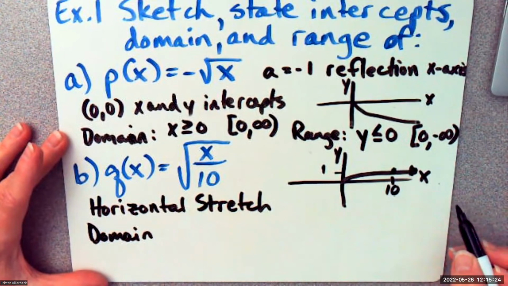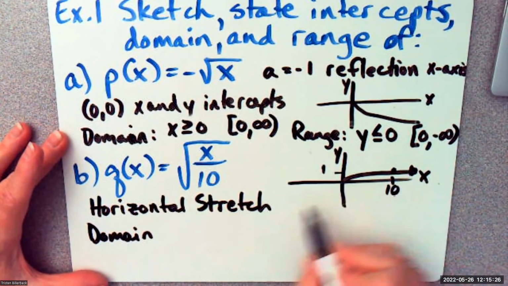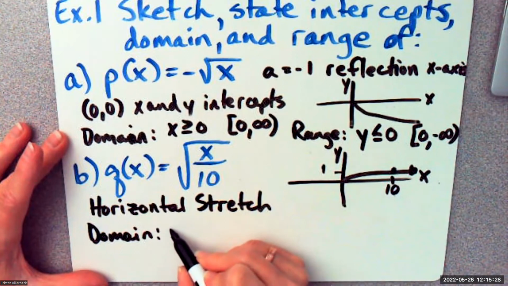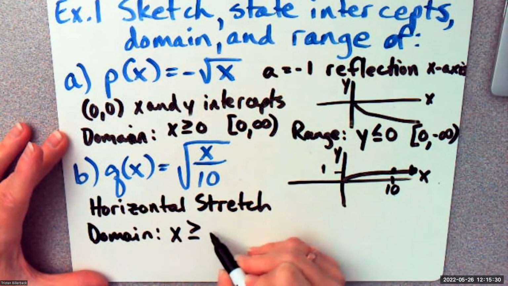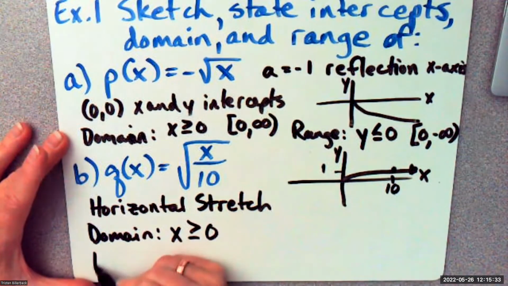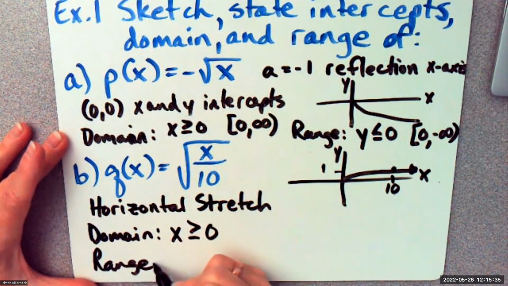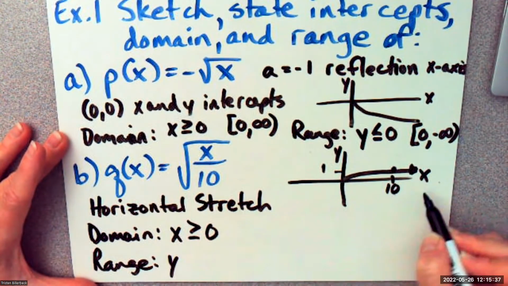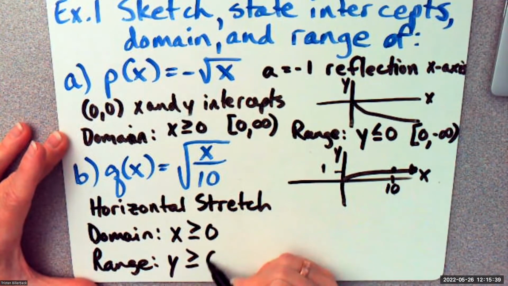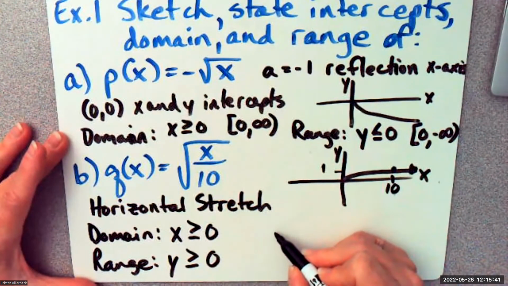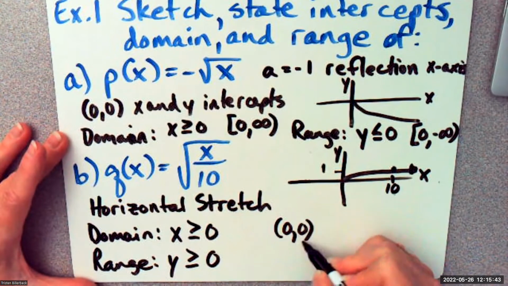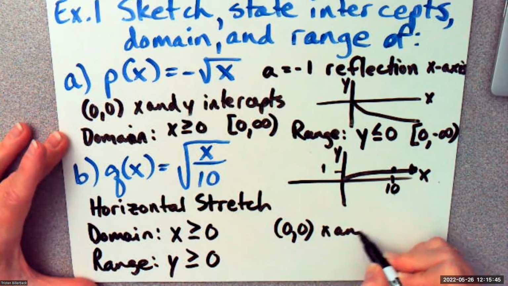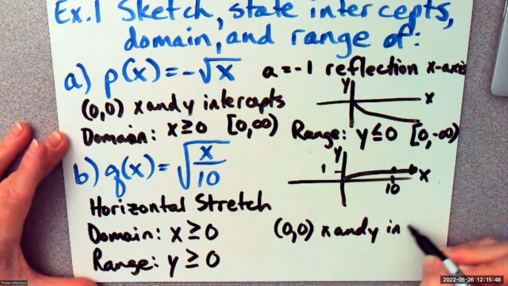The domain is x is greater than or equal to 0. The range is y is greater than or equal to 0. And then our intercepts are both at 0, 0 is the x and y intercept. So that was easy.